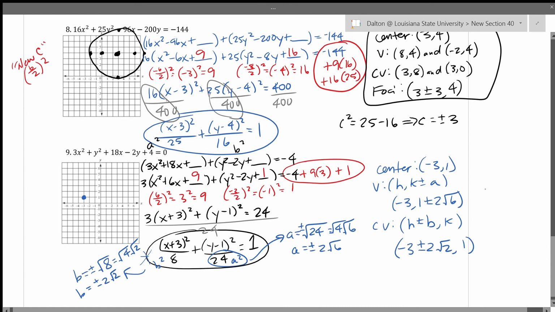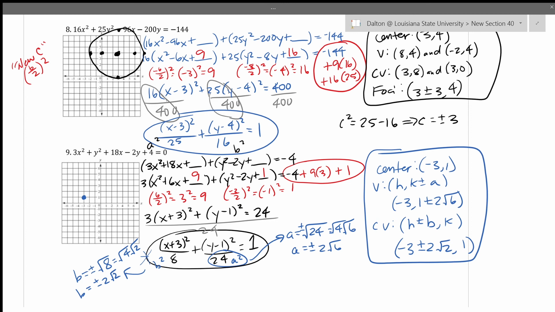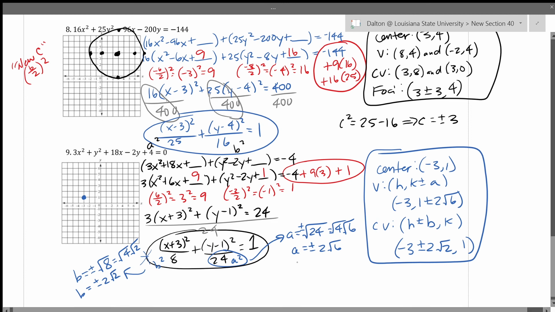So this is a little bit more challenging because these coordinate points are not on the actual grid. They don't snap to it. So to actually graph it, you're just going to have to be creative and estimate. So from that center point, I think 2 square roots of 6 is going to be like 4 point something. Can someone estimate for me what is 2 square roots of 6 as a decimal?